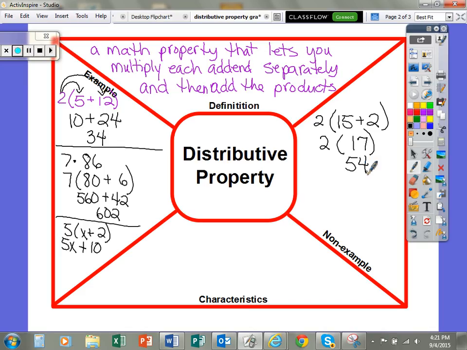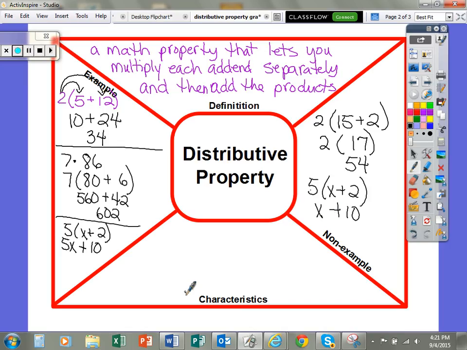This would be following the order of operations. When we have variables, not multiplying times every term is a non-example. If I only multiply the 5 times the 2 and not times the x, I do not get the correct solution.